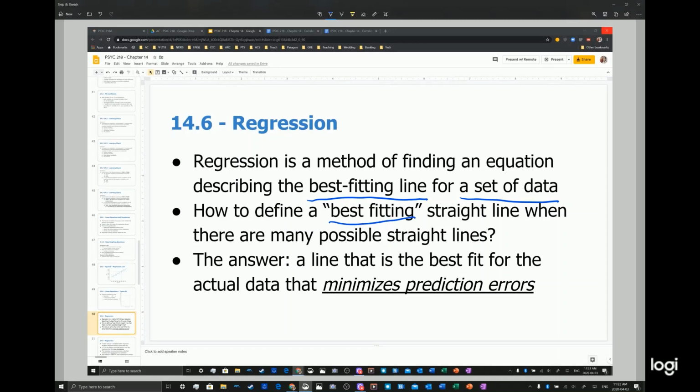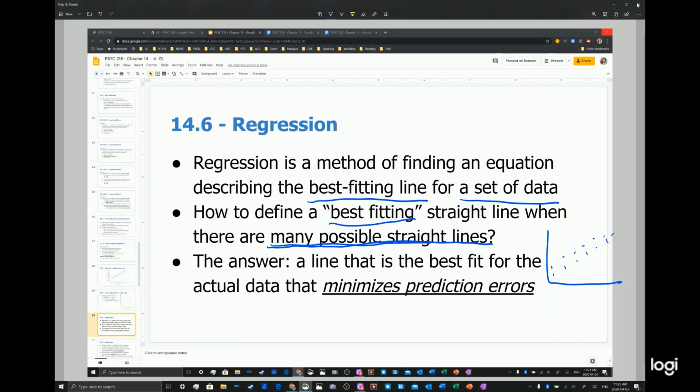And this idea of best fitting means that yes, we could draw other lines, including a horizontal line, but you might think that's not a best fit at all, because it could hit only one point or none of the points. So we want to find a line out of these many possible straight lines. Let's say we have a scatter plot like this. The points are there.